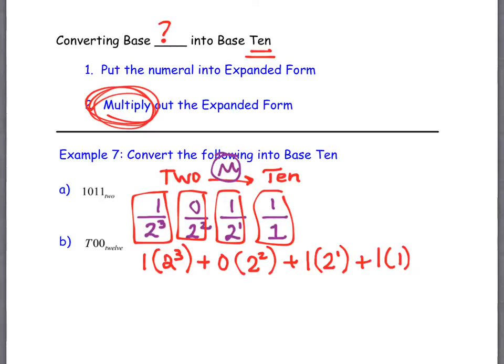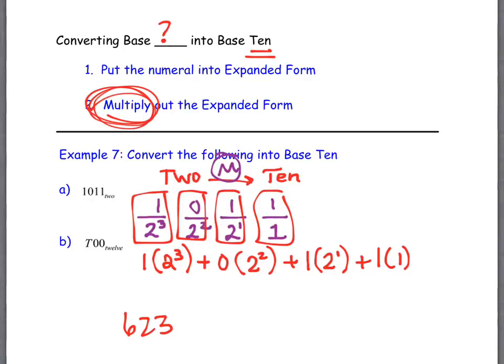So I'm taking the value in that placeholder times the placeholder's value. It's the same thing that you think when you see the number 623. You don't think 6. You think 600, right? It's the same thing. It's just a familiar base, whereas this base 2 is not so familiar to you.